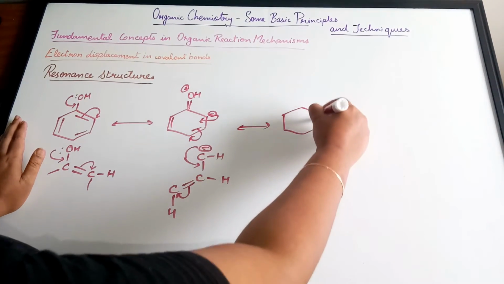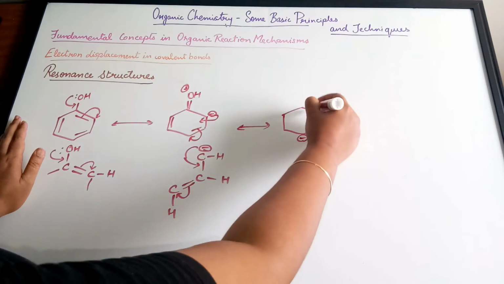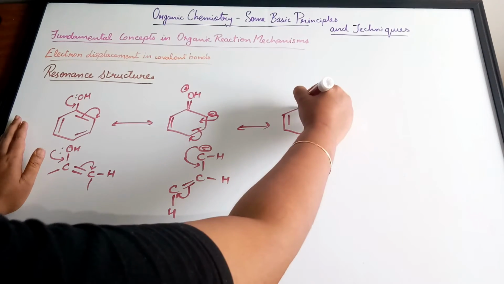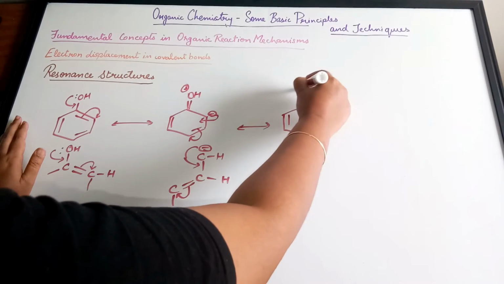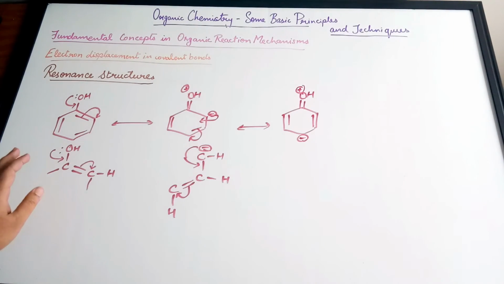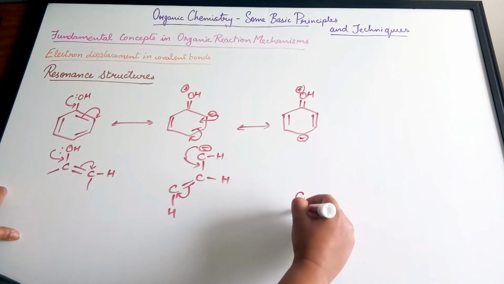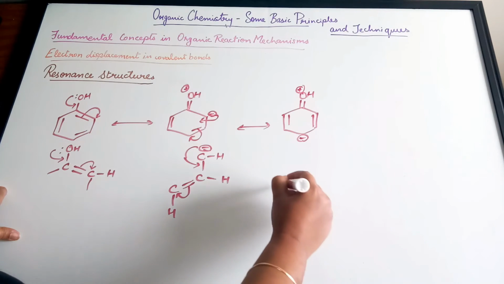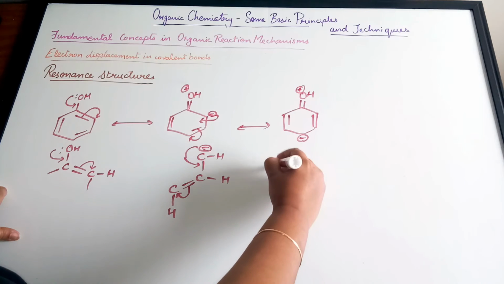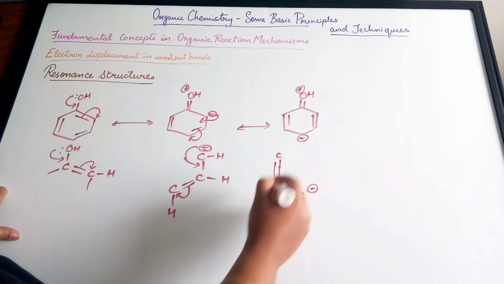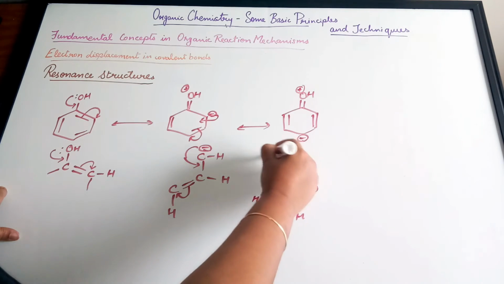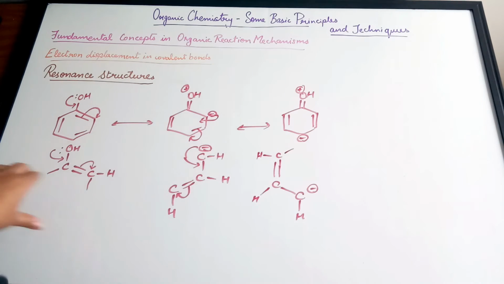So this will lead to the negative charge being at the 4th position, and you have the OH with a positive charge. Now here we have this carbon atom bound to a hydrogen, possesses a negative charge. You have this carbon atom, then a hydrogen.